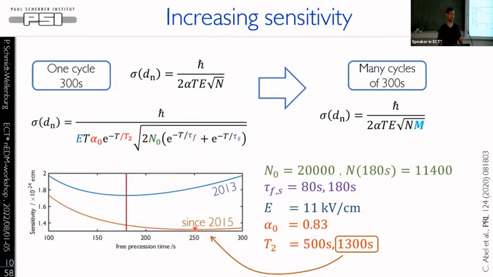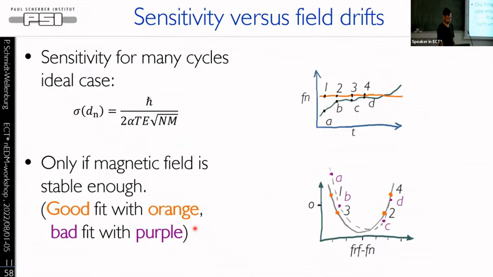And then there comes in another thing which is important, that's stability. So the longer one cycle, the better the stability has to be, which is not part of the statistics. And I will talk about that also. Stability, that's what you see here. So if you want to go to higher sensitivity, you have to repeat the measurement.